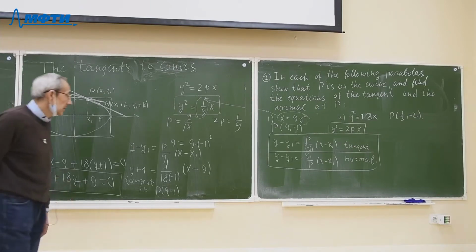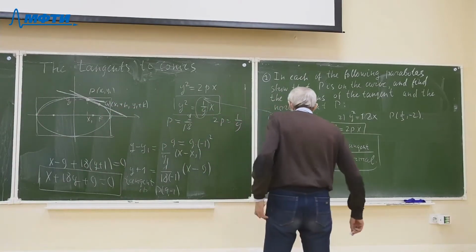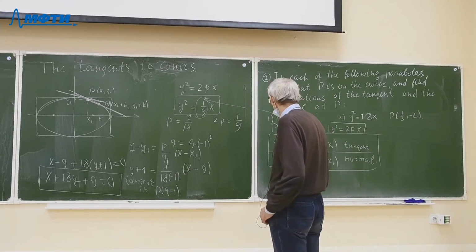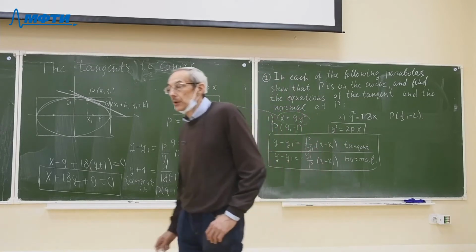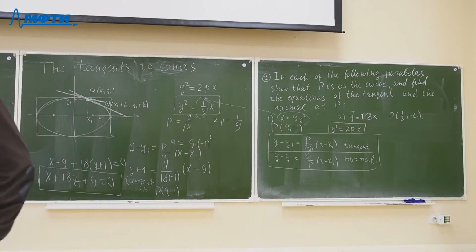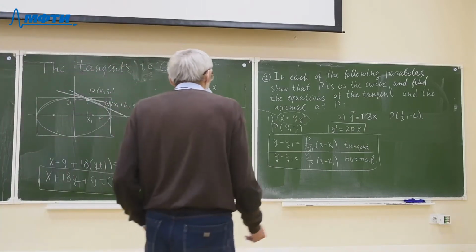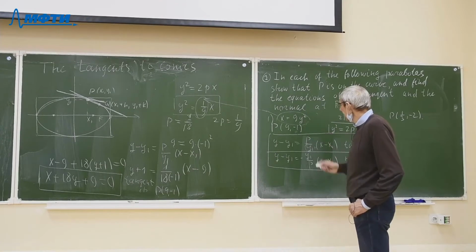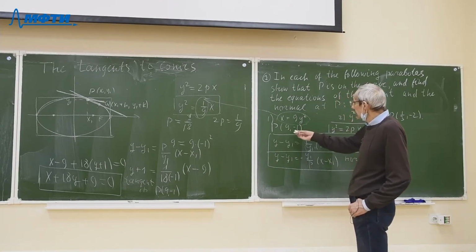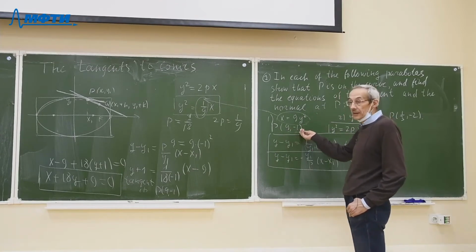Okay, the same way we can obtain the equation of the normal. Any question? Did you yourself choose point 9 and -1? These coordinates are given.